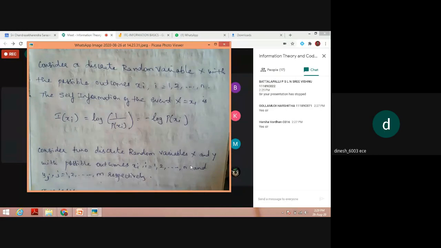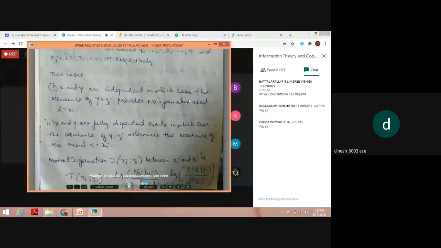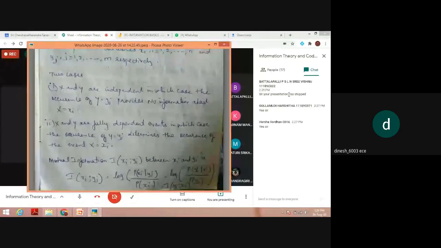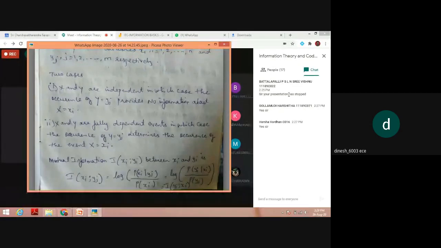So in this second case, when two discrete random variables or two messages are present, we'll see that. When there are two variables, we get two different cases. One is case 1, the second one is case 2. Case 1 deals with x and y not having information about each other.